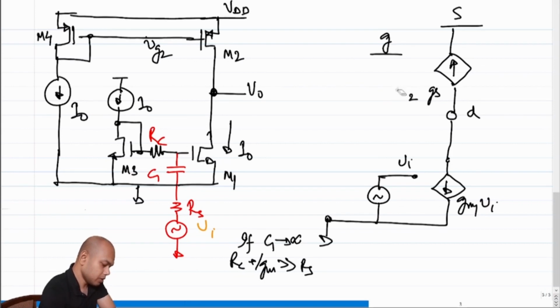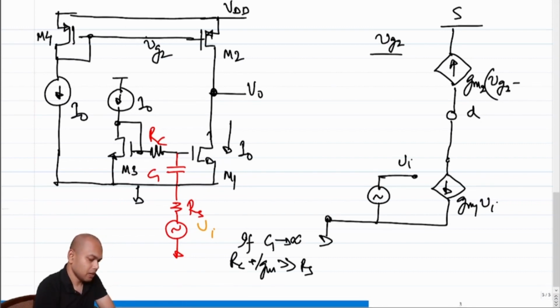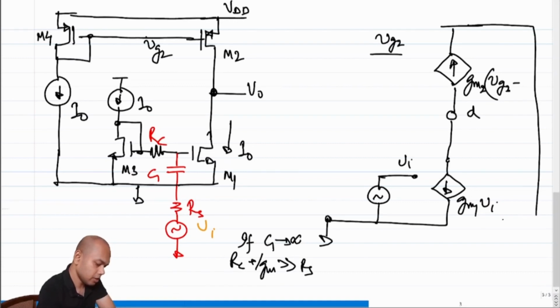So this terminal is VG2. So this is GM2 times VG2 minus VS. What is VS? Incrementally, what is VS? S is connected to VDD. VDD is short circuit, so incrementally the source is shorted. Correct? So this becomes GM2 times VG2, right?